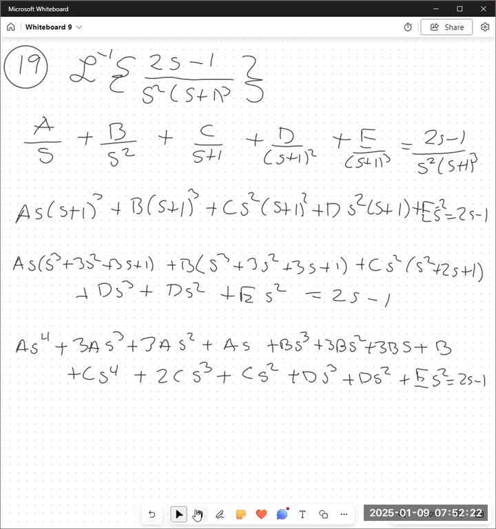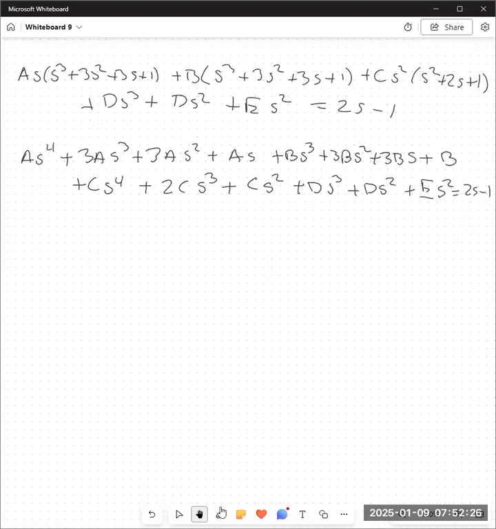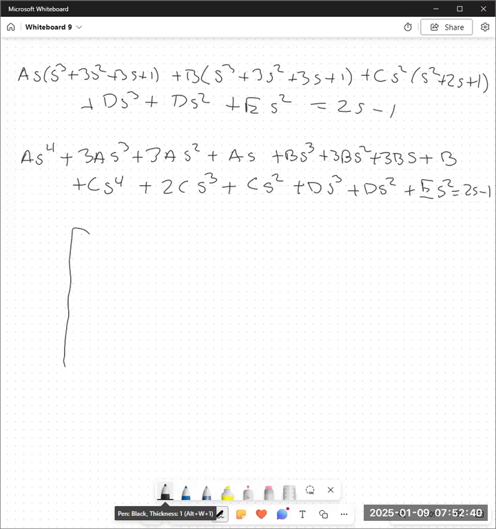Now this is where I'm going to set up a matrix, and hopefully you did something like this in pre-calculus. I'm going to show you how I'm setting this up.